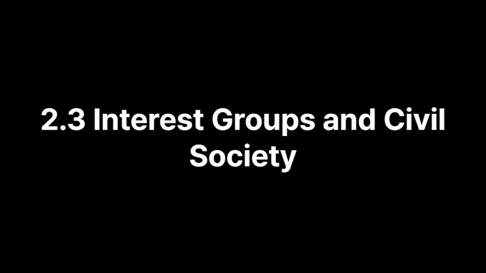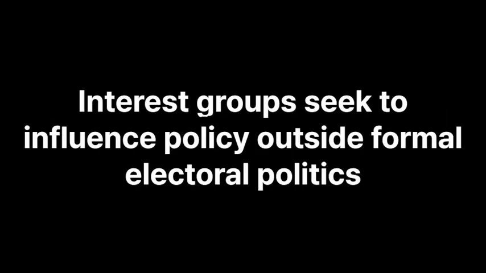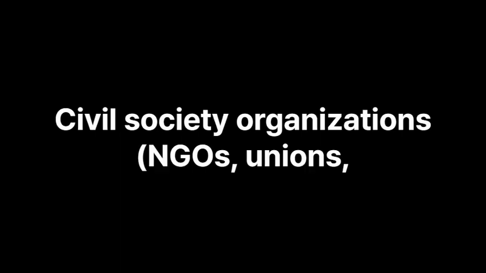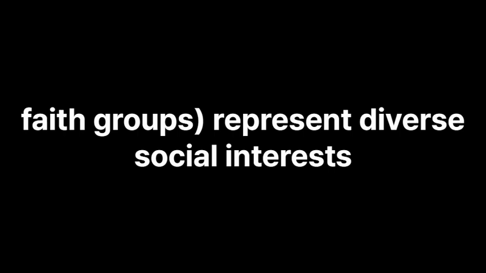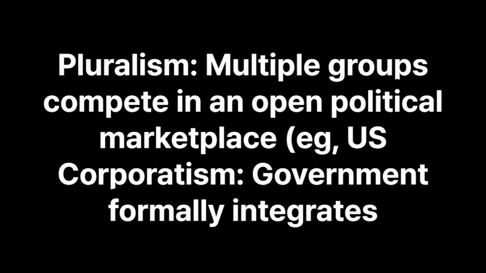2.3 Interest groups and civil society. Interest groups seek to influence policy outside formal electoral politics. Civil society organizations, NGOs, unions, faith groups represent diverse social interests. Pluralism. Multiple groups compete in an open political marketplace, e.g., U.S. Corporatism.